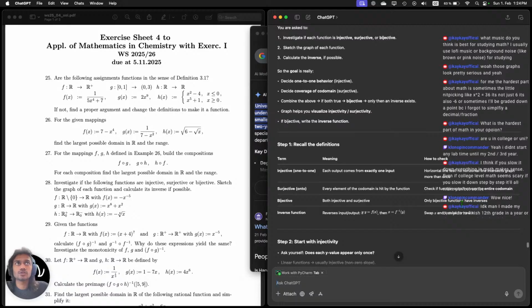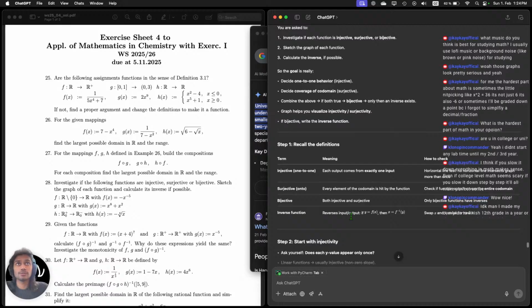Only bijective functions have inverses. But how are injective and surjective working out at the same time?